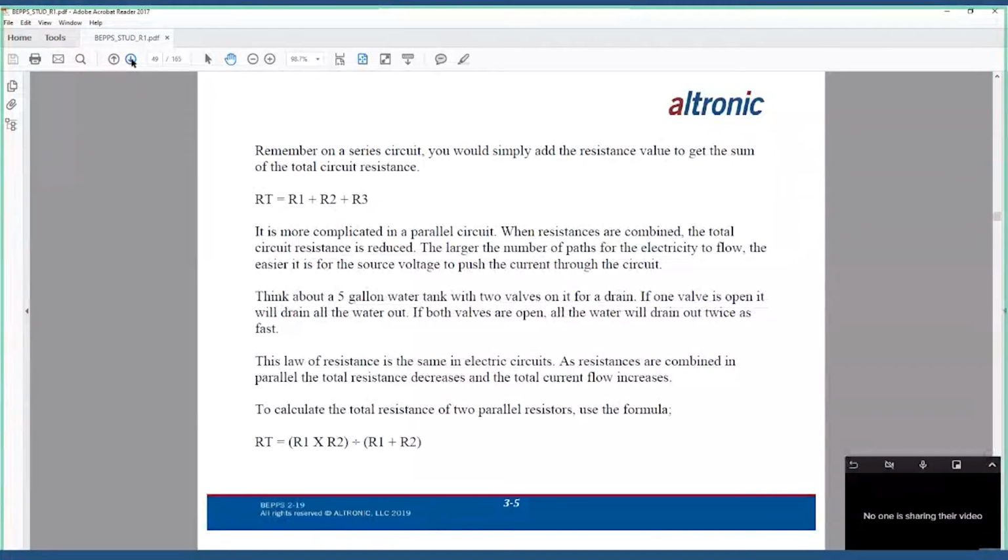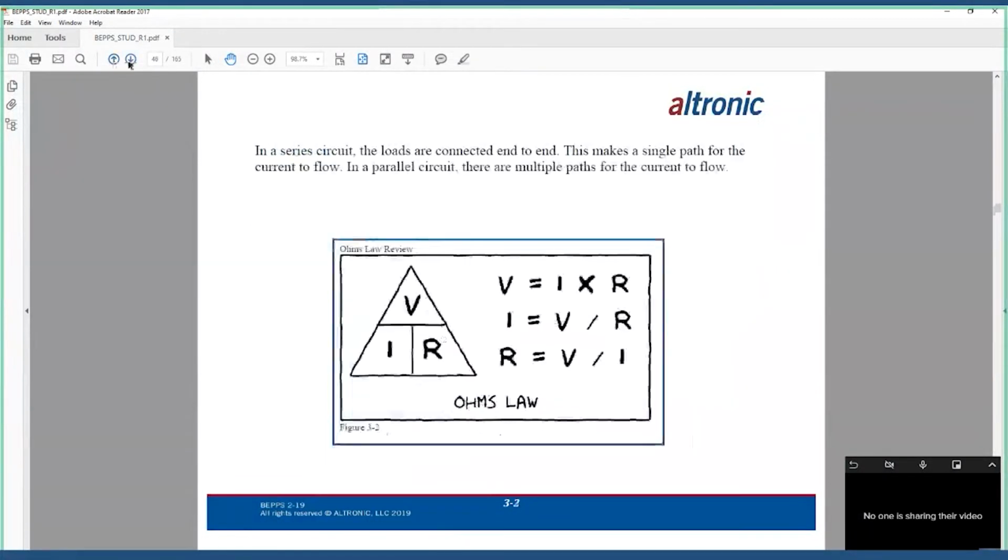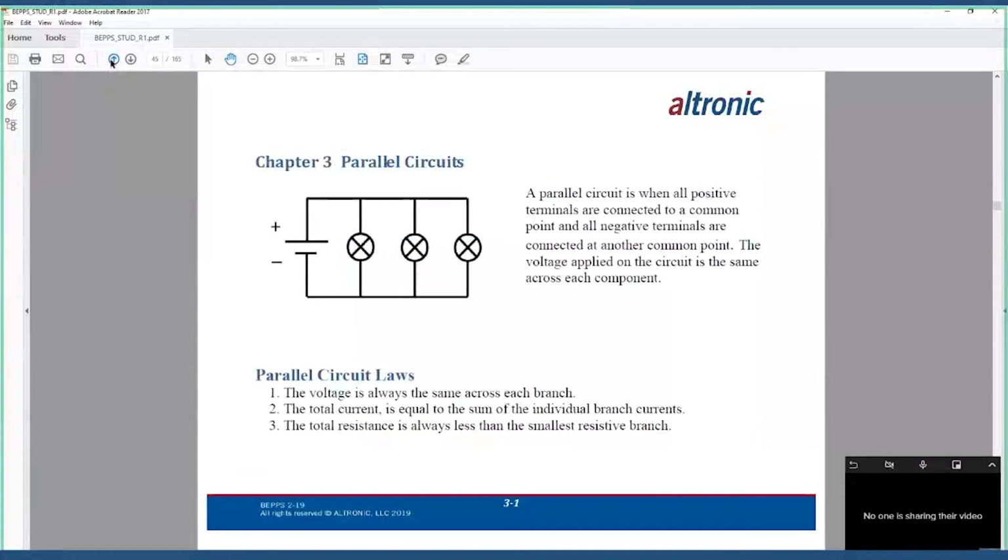So do you notice anything right there? Something sticks out like a sore thumb to me. Remember the law, if we go back, let's see if we can find that law. The total resistance is always less than the smallest resistive branch.